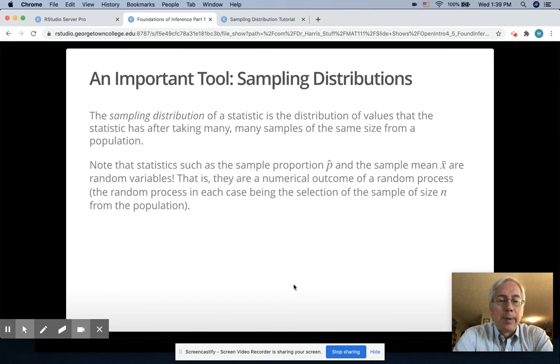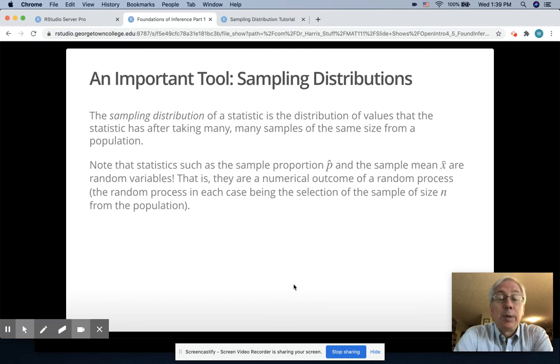So in the second paragraph on the slide, notice that we've got an important point. A sample proportion is an example of a random variable. It's the outcome of a random process. A numerical value is associated with a random process.